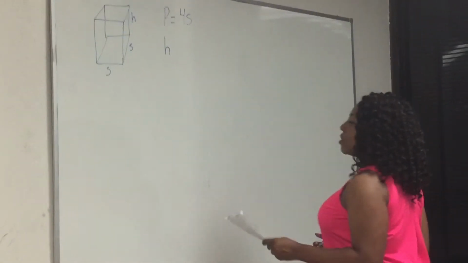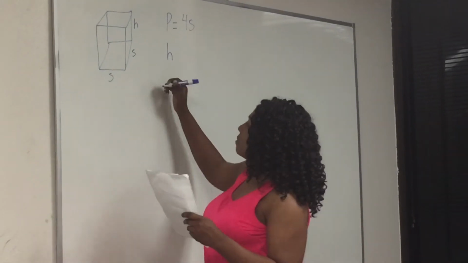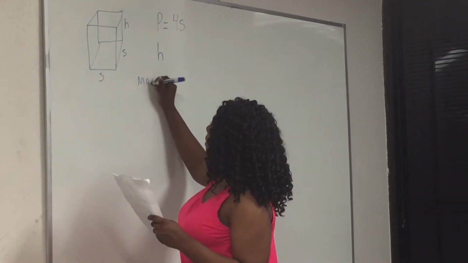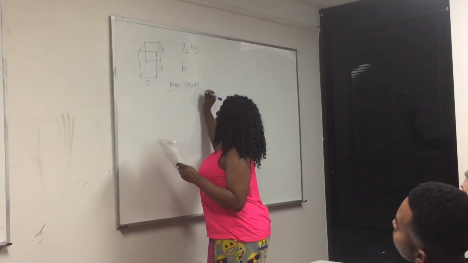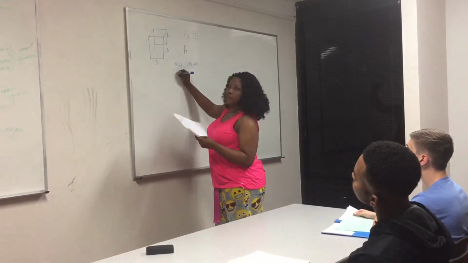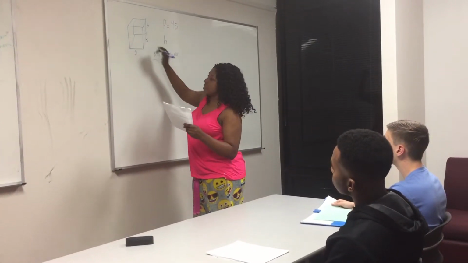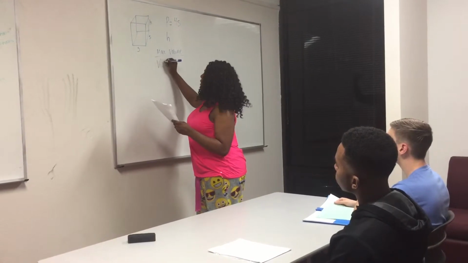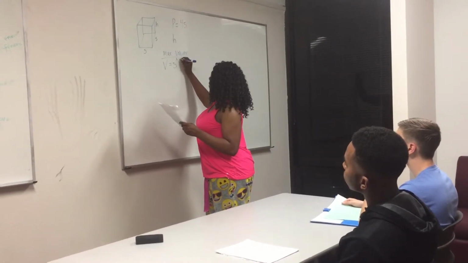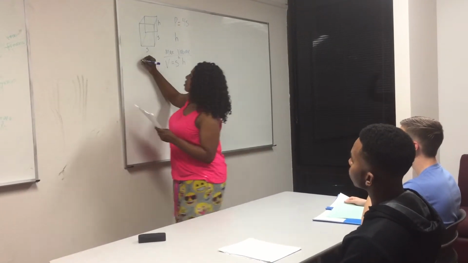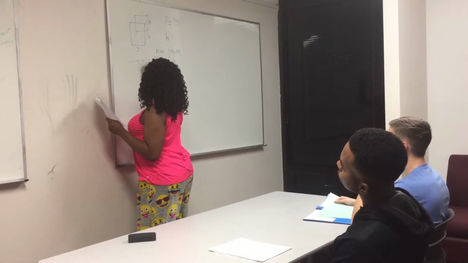Basically what we're doing is finding the maximum volume. At first, we label the equation for finding the volume of the box, which is V equals S squared times height, a variation of V equals length times width times height.